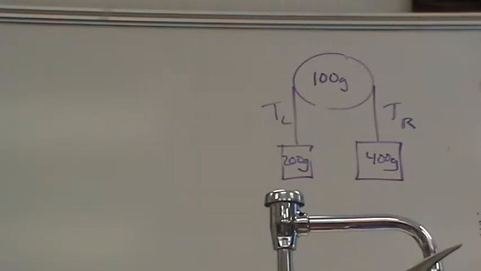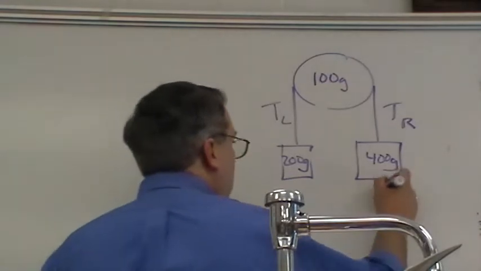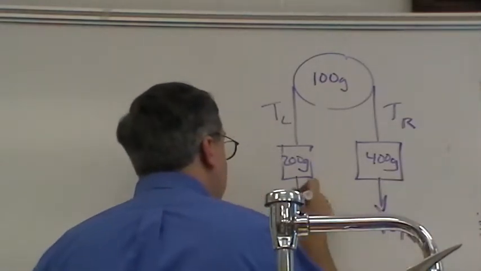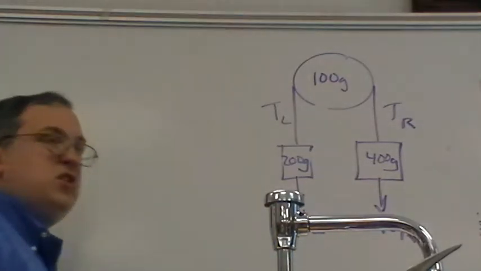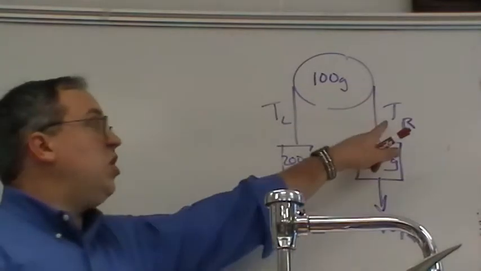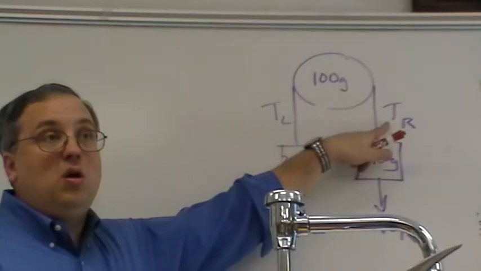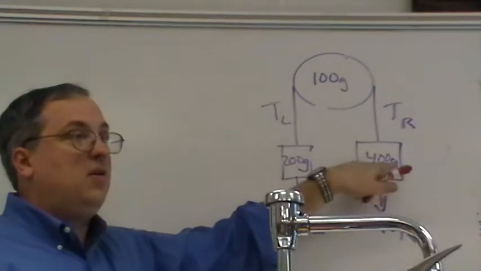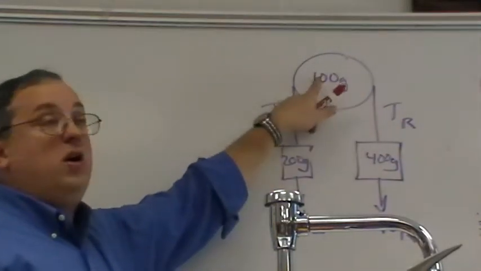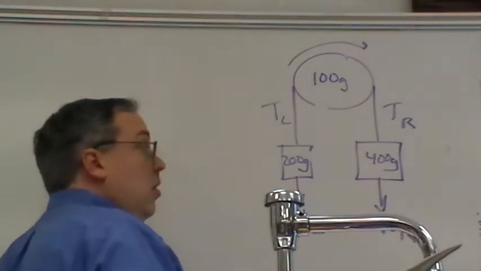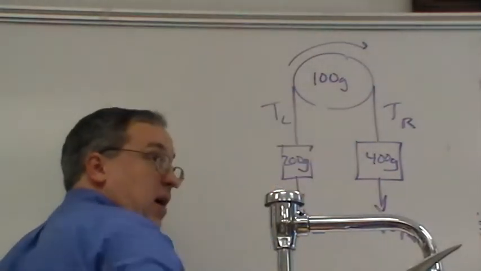There are two weights here, the weight on the right and the weight on the left. Which is the dominant weight? The weight on the right. The tension on the right, what does it have to do? It has to support the pulley and cause it to turn. It's not pulling the weight down, it's pulling the pulley. The other one is pulling this other thing up, right?